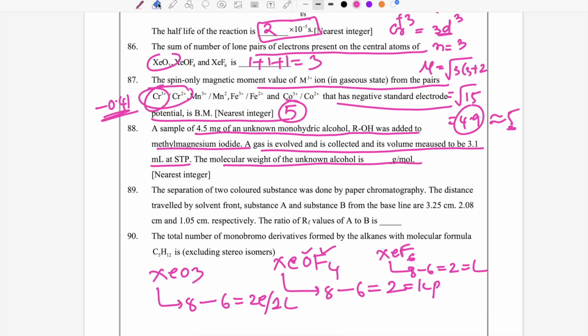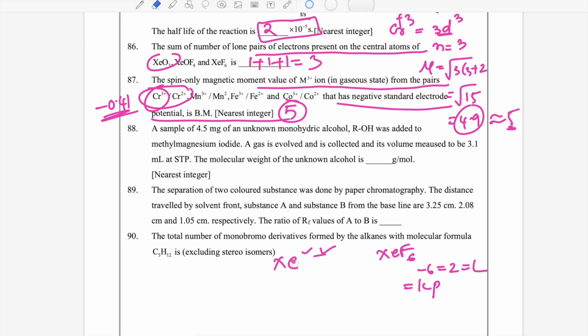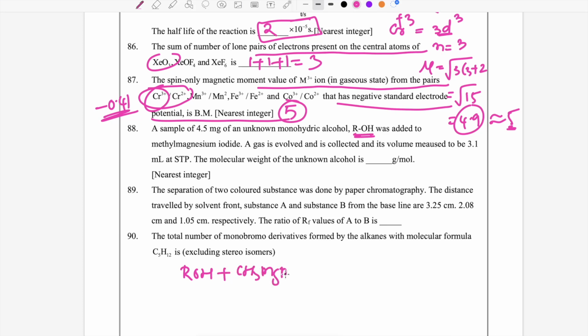This can be solved easily. It is a stoichiometry question. An alcohol is reacting with RMgX, so ROH reacting with methyl magnesium halide produces a gas, which is always CH4. How much gas is produced here? The gas value was 3.1 milliliters. One mole is 22.4 liters. So 4.5 milligrams, that is 4.5 into 10 power minus 3 grams, is giving 3.1 milliliters.